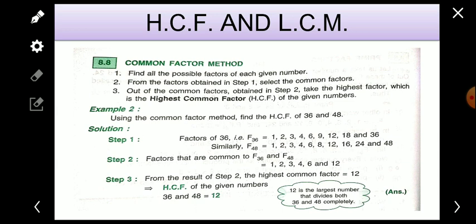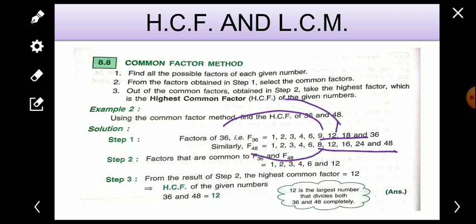Like this we'll see that many numbers are common factors. So 1, 2, 3, 4, 6. Okay, so these factors are common factors of 36 and 48. And after that no factor is common, like 9 is the factor of 36 only, not of 48.